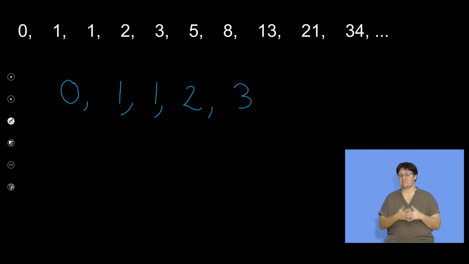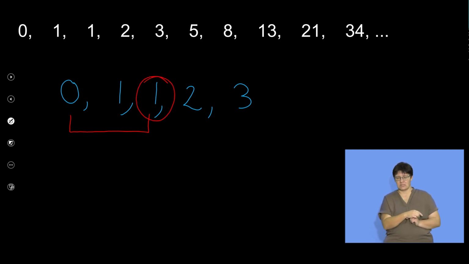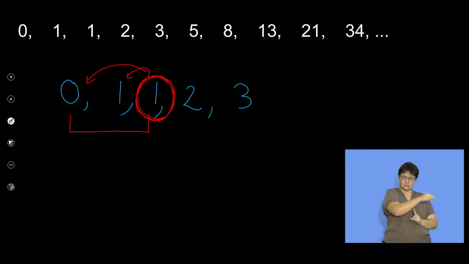If I look between the first three numbers, I'm going to ask us to look at this number specifically. So this is term 3. Remember, we earlier defined that terms are the numbers that make up a sequence. If I look at term 3, it has a value of 1. But if I look at the two terms that come before it, I can see that term 3 is equal to 0 plus 1.